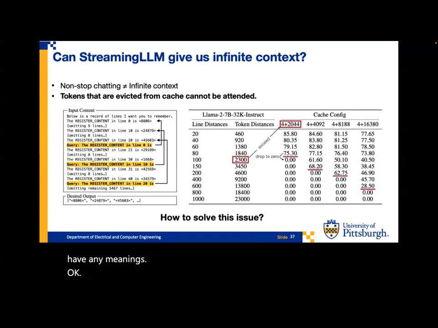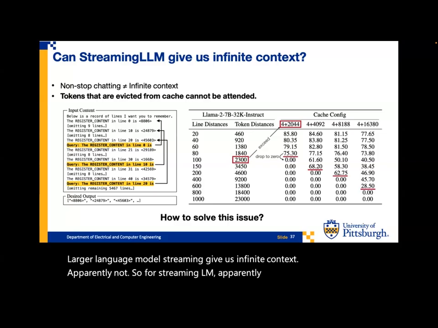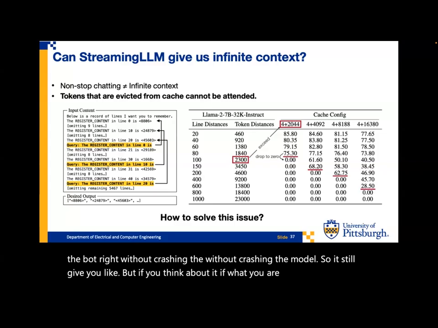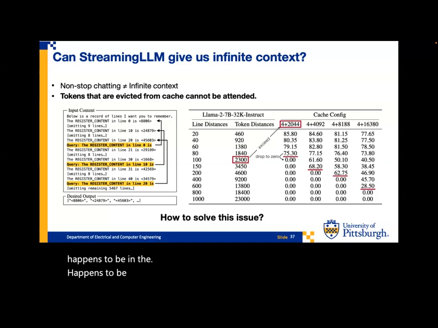So this one asks, can streaming LLM give us infinite context? Apparently not. With streaming LLM, you can keep chatting with the bot without crashing the model. But if what you are asking the model happens to be in the context that got evicted, then the model has no way to know the correct answer, right?